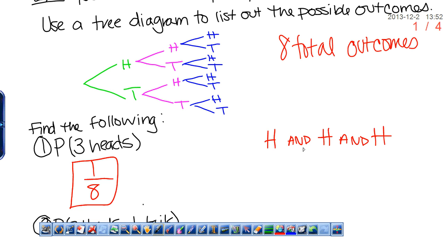Now, in probability, and implies multiply. So what's the probability of flipping your coin and getting a head? 50%, 1/2. And then getting a head on the next flip is again 1/2. And then again it's 1/2. So 1/2 times 1/2 times 1/2. I multiply across the top. That's 1. And I multiply across the bottom. And that's 8.